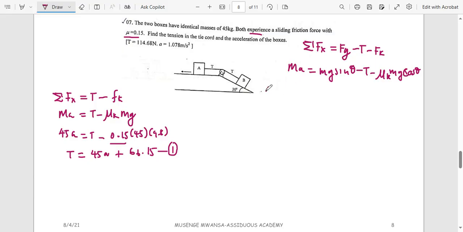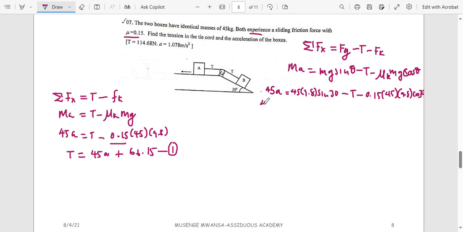Mass is 45 times acceleration, that will be equal to mass again 45 times 9.8 times sine of the angle, which is 30, minus tension minus mu, which is 0.15, mass again is 45, g is 9.8, and then we have got cosine of 30.